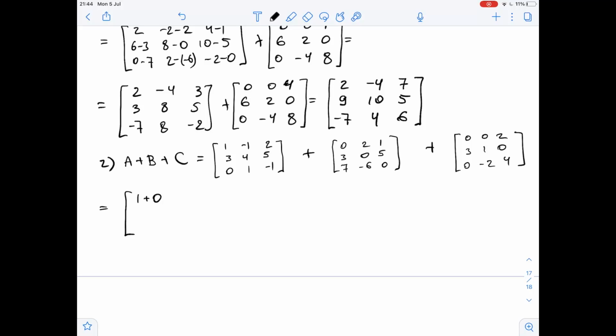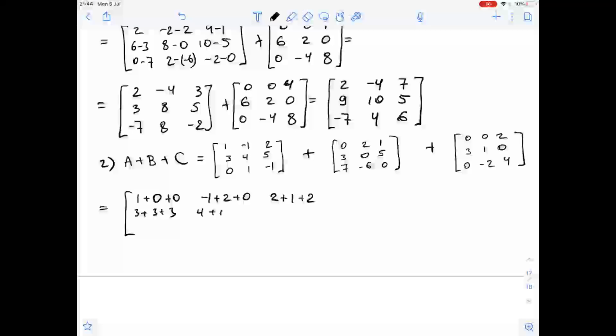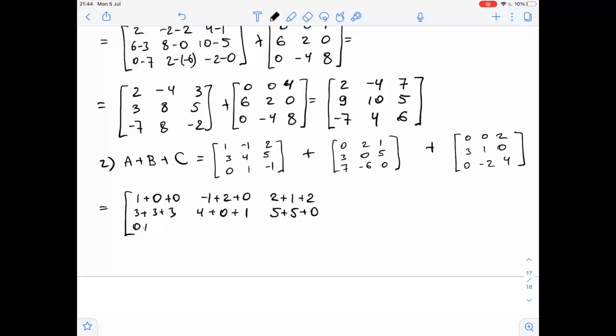So it's 1 plus 0 plus 0, then negative 1 plus 2 plus 0, 2 plus 1 plus 2, 3 plus 3 plus 3, 4 plus 0 plus 1, 5 plus 5 plus 0, 0 plus 7 plus 0, 1 minus 6 minus 2, negative 1 plus 0 plus 4.